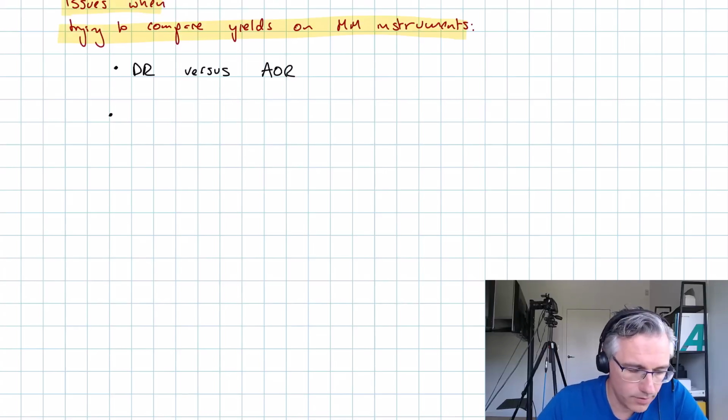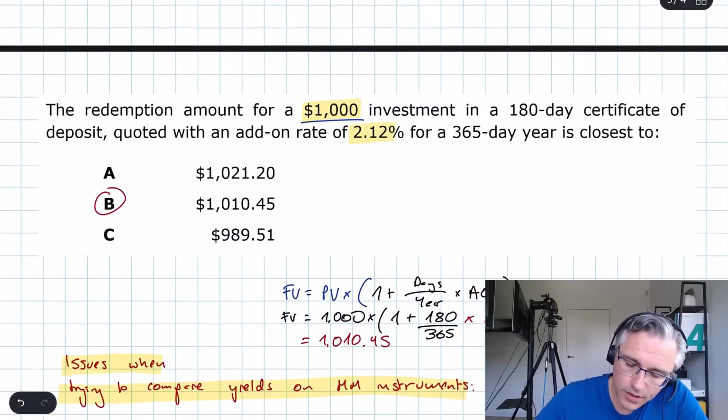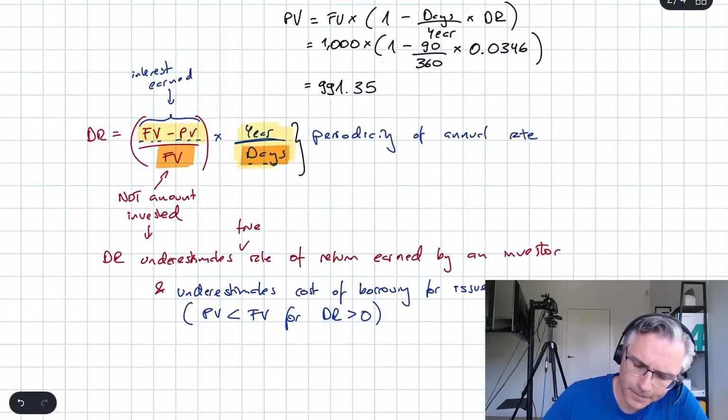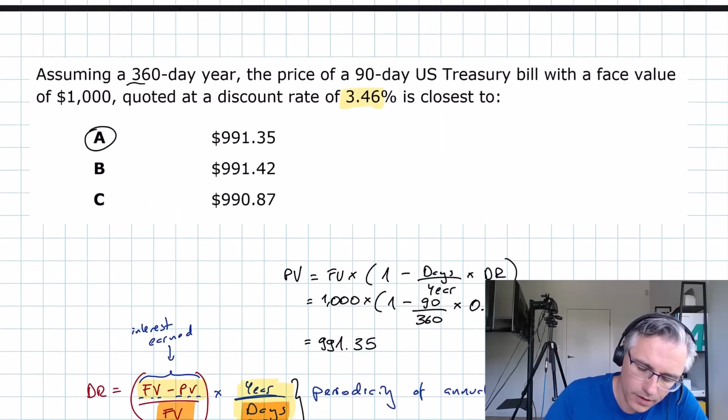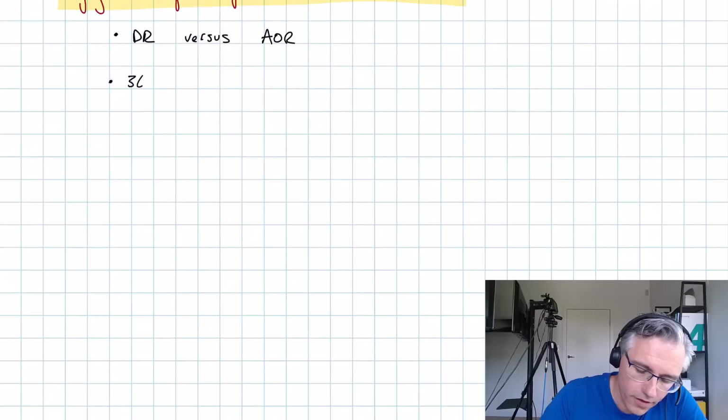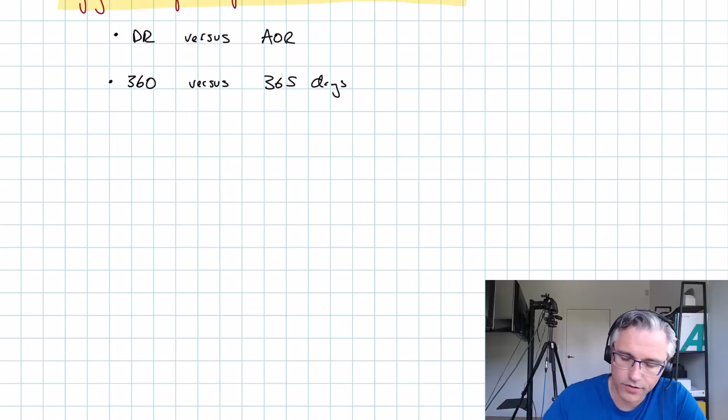And the second problem is, in one computation we had 365 days, in the other 360, so you also have that problem, 360 versus 365 days, assumptions, conventions.